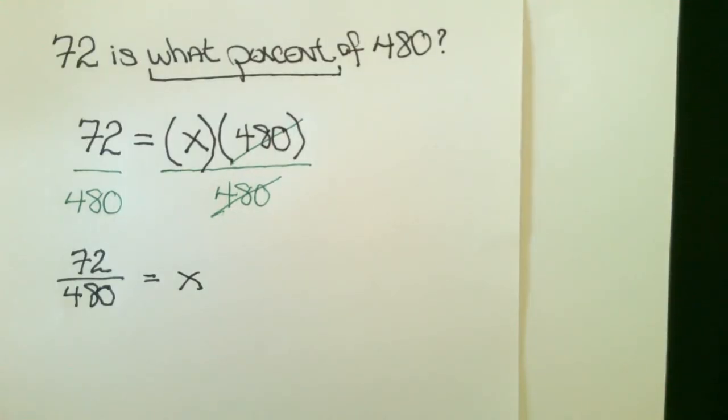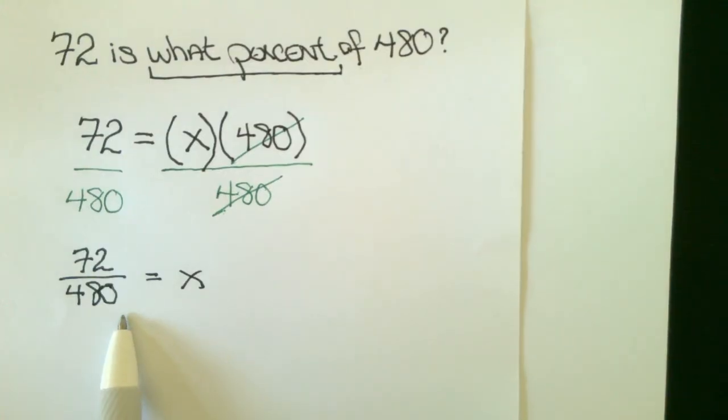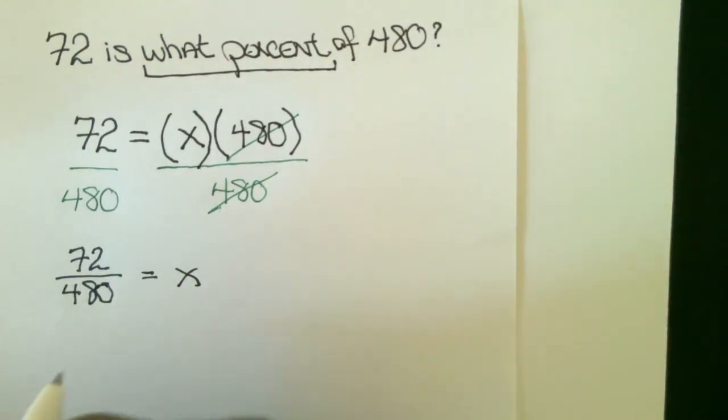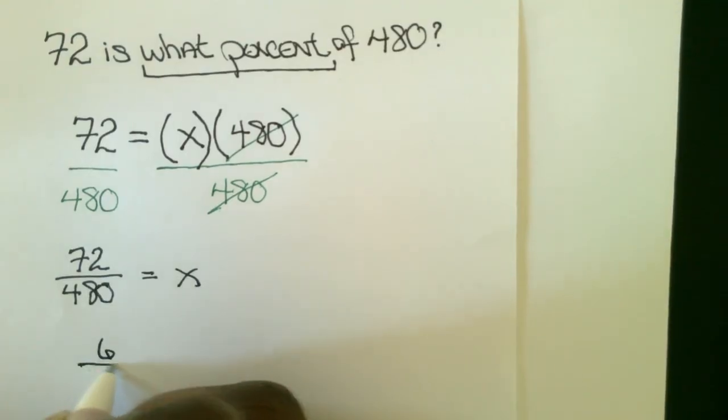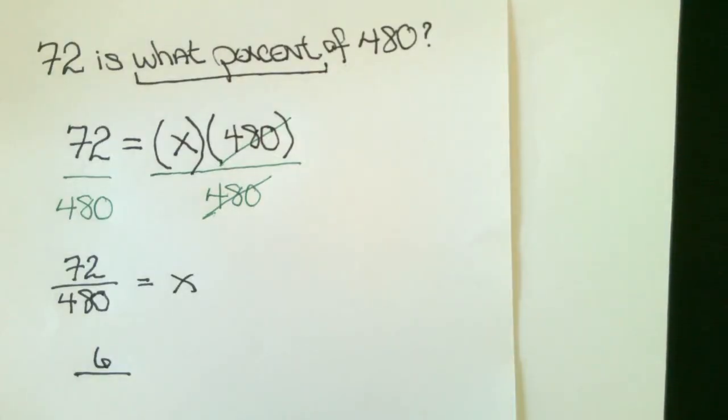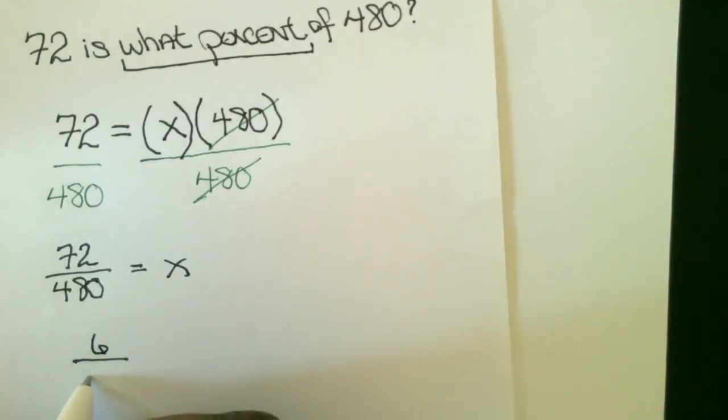So I know if I did 12 and 72, I would get another even number out. So then I would get like a 6. But if I tried to reduce the 480 by 12, that will give me 40.